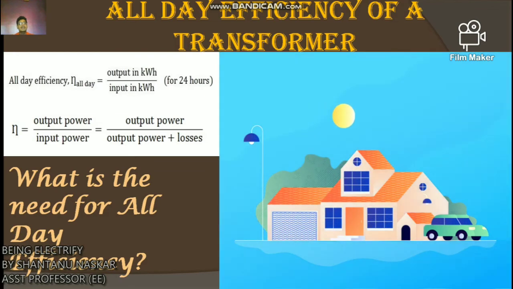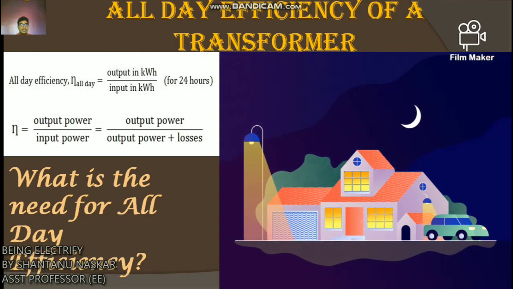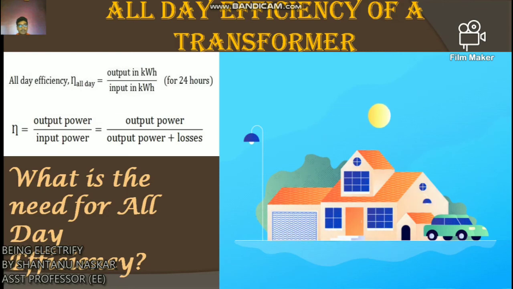As we know, there are various losses in the transformer such as iron and copper loss. The iron loss takes place in the core of the transformer, so the iron or core loss occurs for the whole day in a distribution transformer.